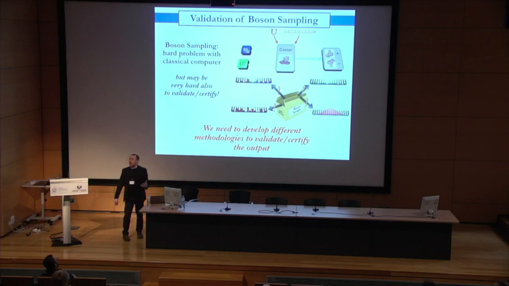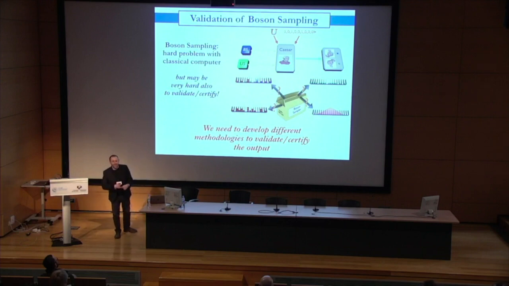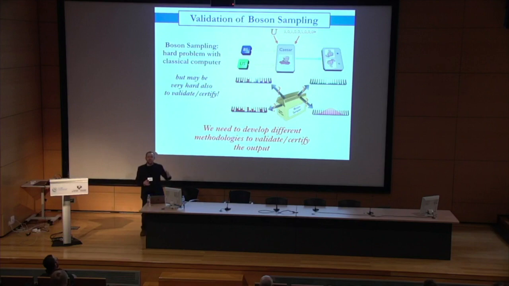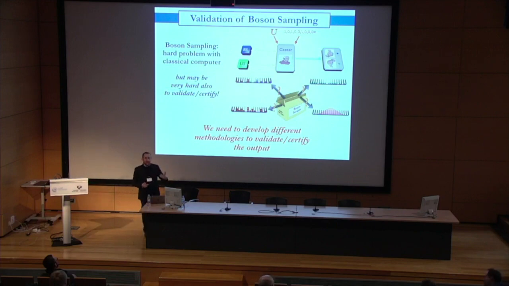It's common to any approach to quantum supremacy, from Boson sampling to random quantum circuits and also to quantum simulation. So you need to develop different methodologies to validate and certify the output. Likely, you will never get the final answer. If you factorize 21, you get 7 and 3, and you can check that the answer is correct. In that case, you will only have growing evidence that you are indeed performing the right task.